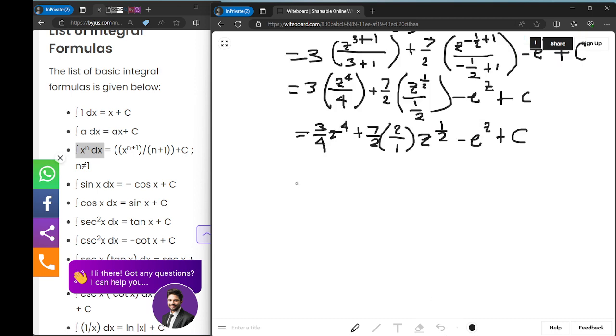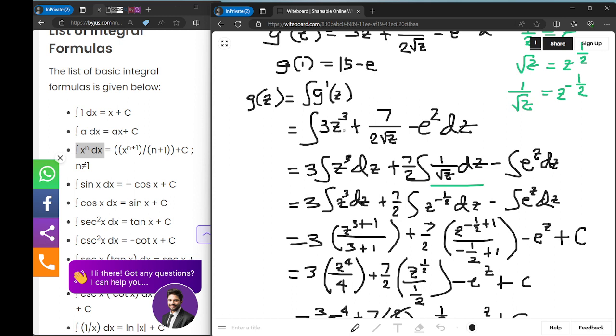Then we still have 3 fourths times z to the fourth plus, we can cancel this out, we have 7 z to the 1 half minus e to the z plus c. So this is now our g of z.